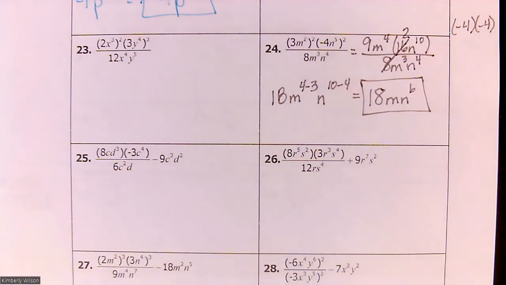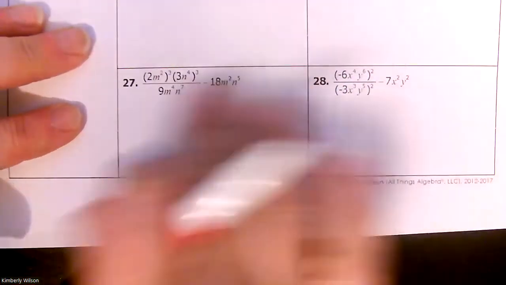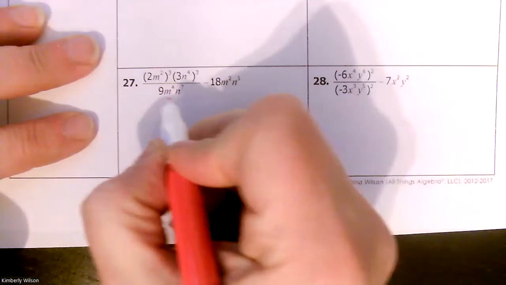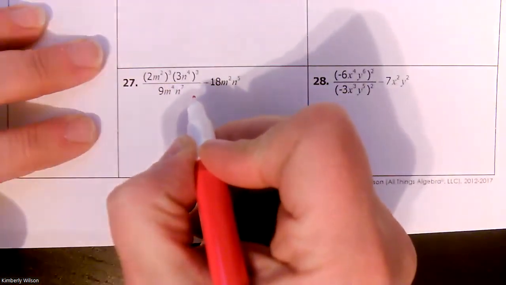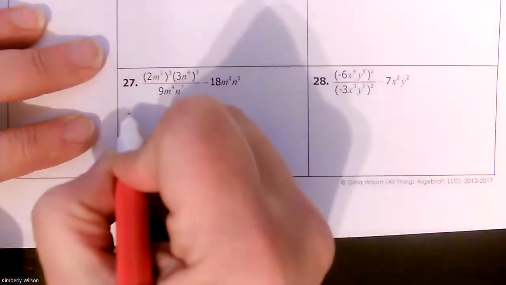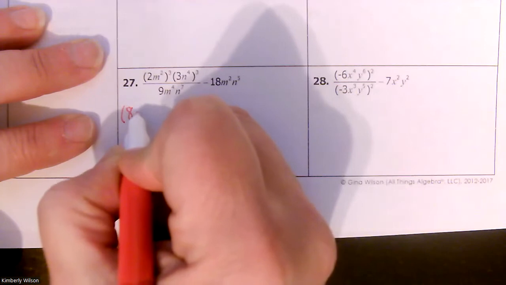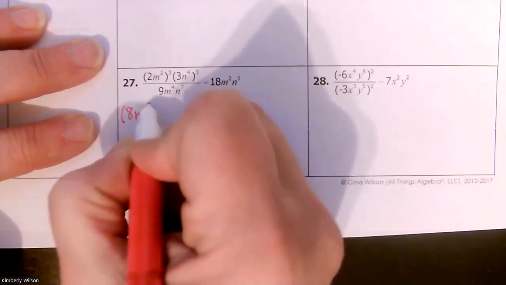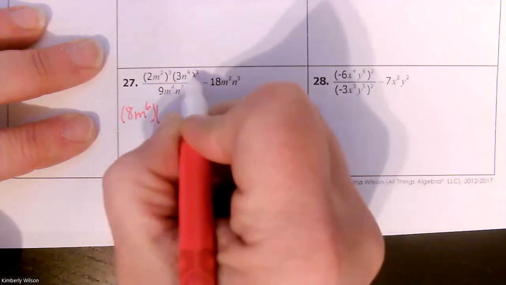Okay, next example, last one, is 27. I'm going to do several so that you can see it all work together. Oh, so now we're adding and subtracting as well. Okay, so we have to do the power to the power first. So that's going to give me 2 to the 3rd, that's 8, m to the 6th, times 3 to the 3rd.